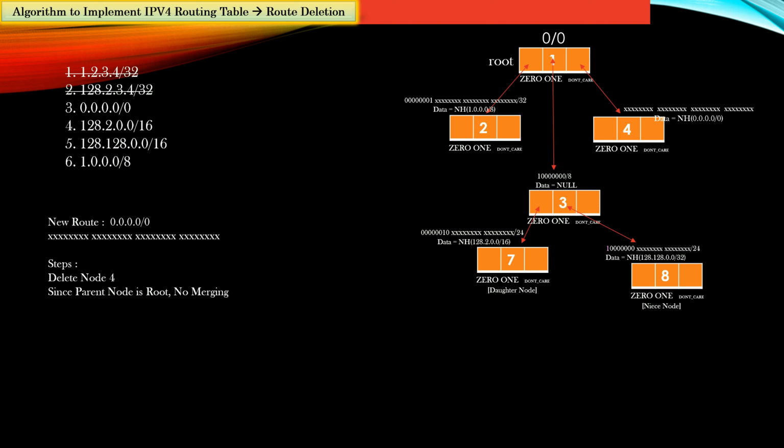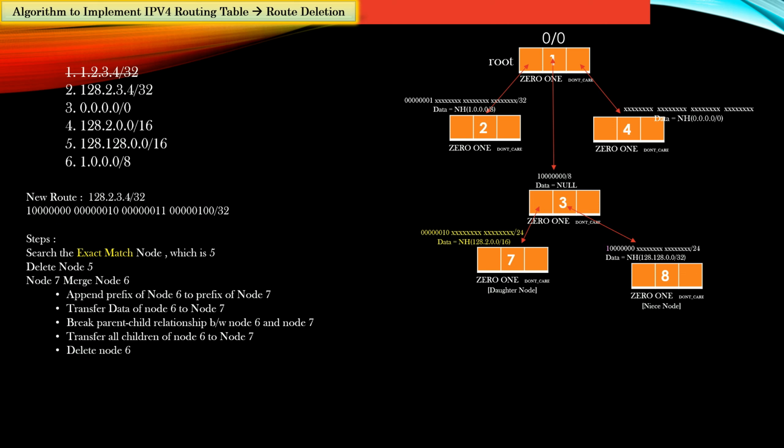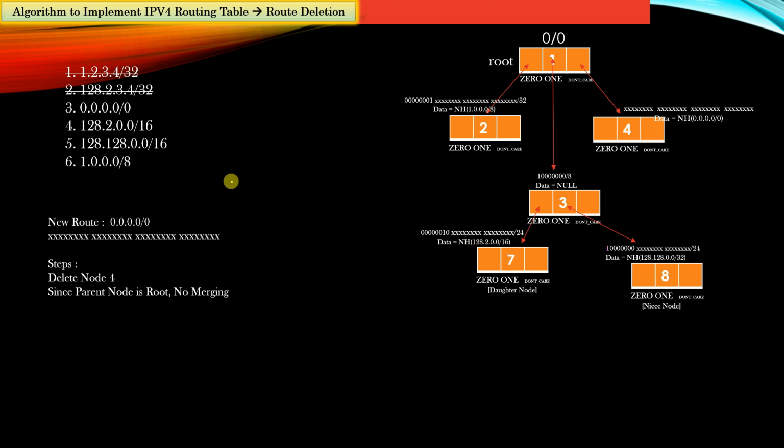Now let us go through the next example. Proceeding towards the next example, let us delete route number 3, which is a default route. Execute the exact match route search algorithm, and you will find that you need to delete node number 4.